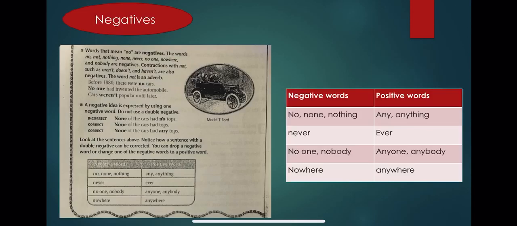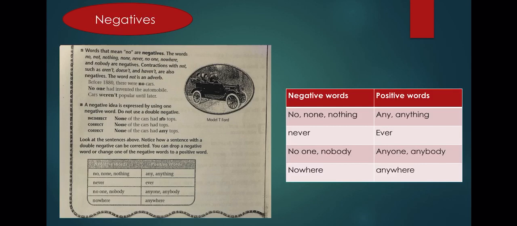Now let's move to another topic, which is negatives. We have heard a lot of negatives, which means no. Here you have the words no, not, nothing, none, never, no one, nowhere, and nobody. These words are all negatives. We call them negatives, which means no. Contractions with not, such as isn't, doesn't, and haven't, are also negatives.